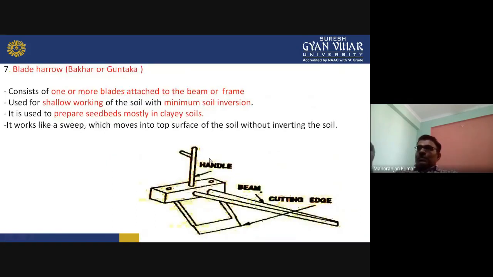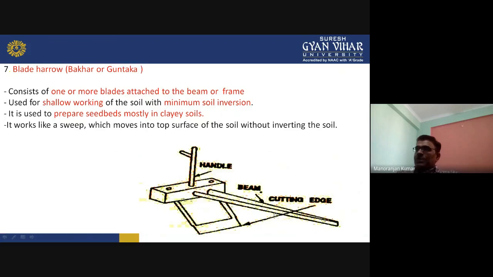The other type of harrow is the blade harrow. This blade harrow is also known as the bakhar in the regional language, or buntaka. Here in the picture, you can see this is the beam.